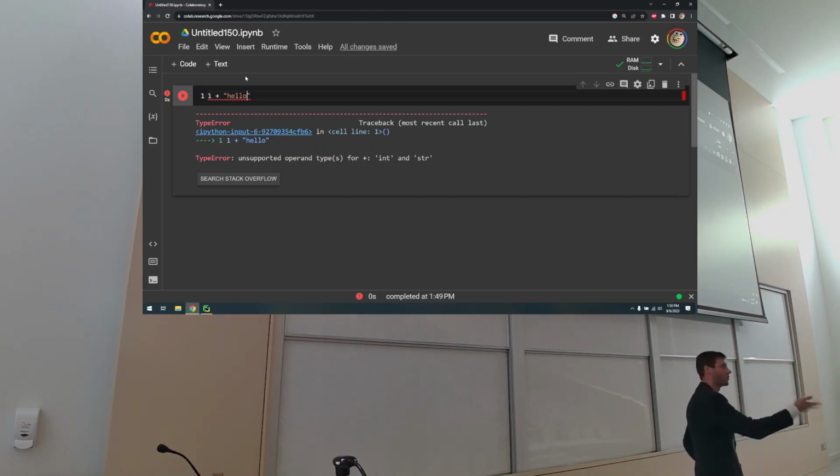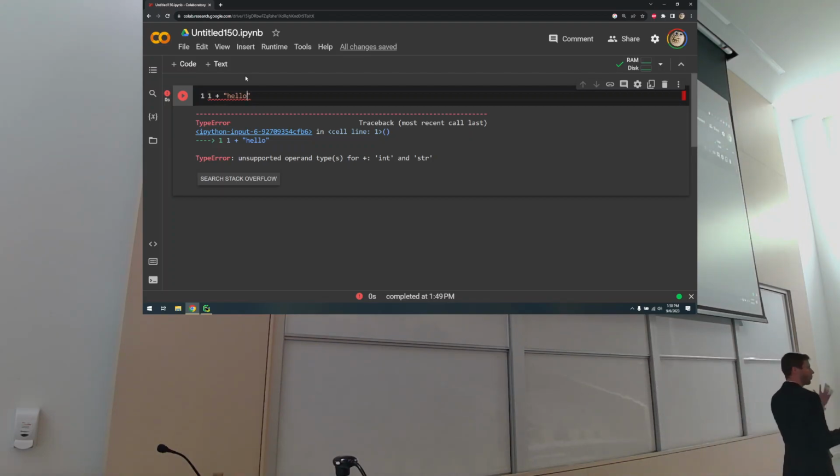That's an operation you're performing on something. An operand is what you apply it to. So 1 plus 1, the operands are 1, and the operator is the plus. So here it's saying, well, okay, you're using plus, and there's something wrong with the operands you're using. It's saying, what the hell am I supposed to do with an integer and a string being added together. The computer can't do it.